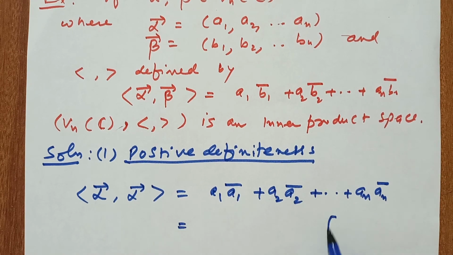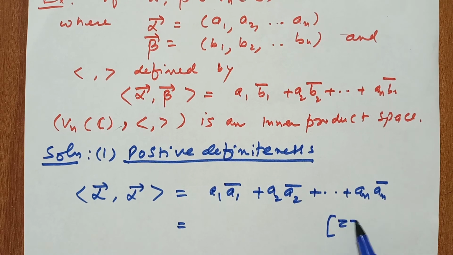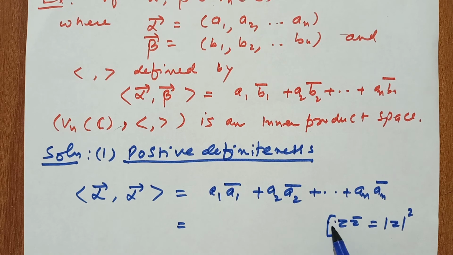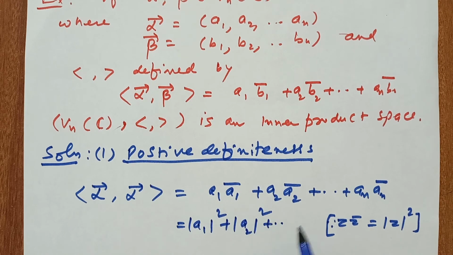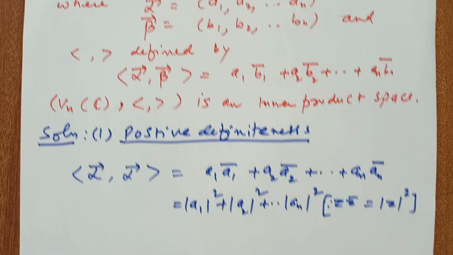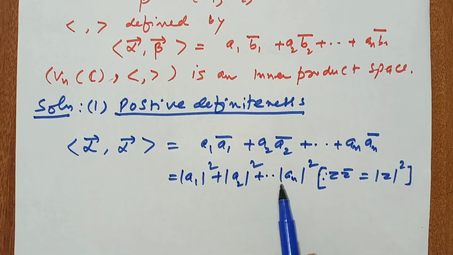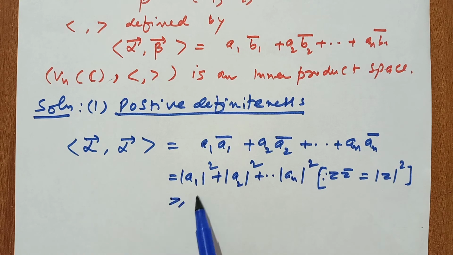In the set of complex numbers, z z bar is equal to mod z squared. So by using this property, this is mod a1 squared plus mod a2 squared plus mod an squared, and we know modulus is always positive, so this is greater than or equal to 0.